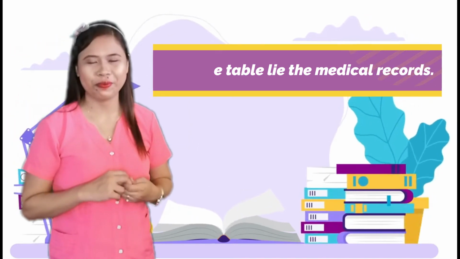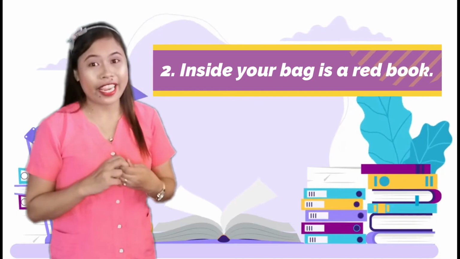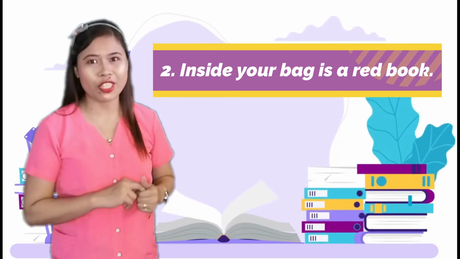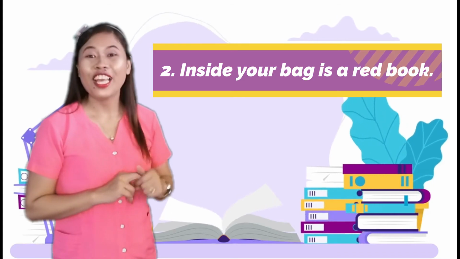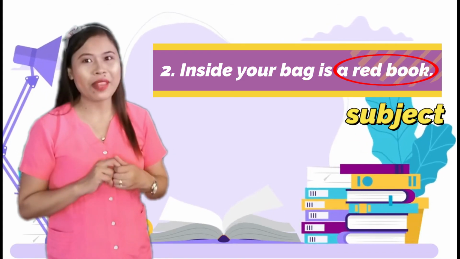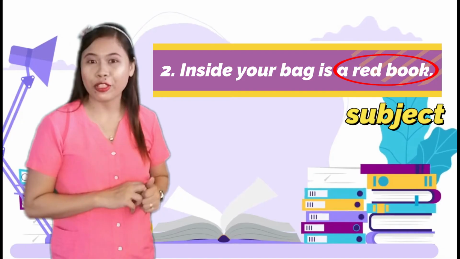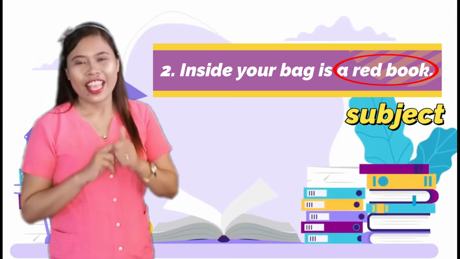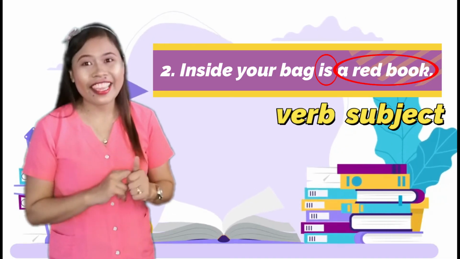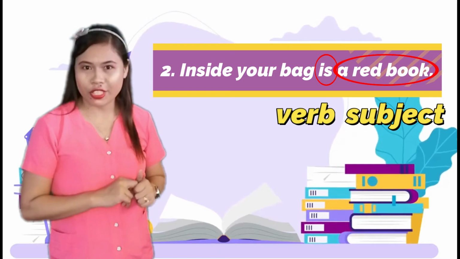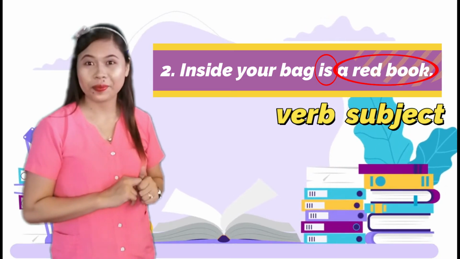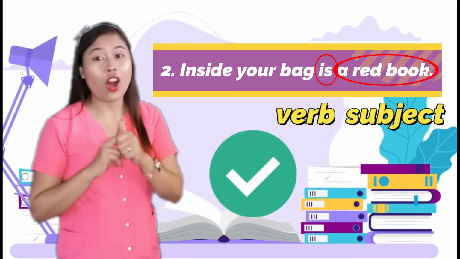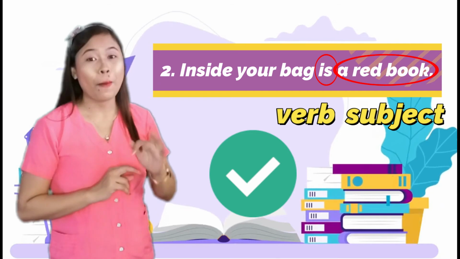Next number. Inside your bag is a red book. What's the subject? Good job! A red book. How about the verb? That's right. Is. Do the subject and the verb agree? Yes, they do. Both are singular. Number 3.